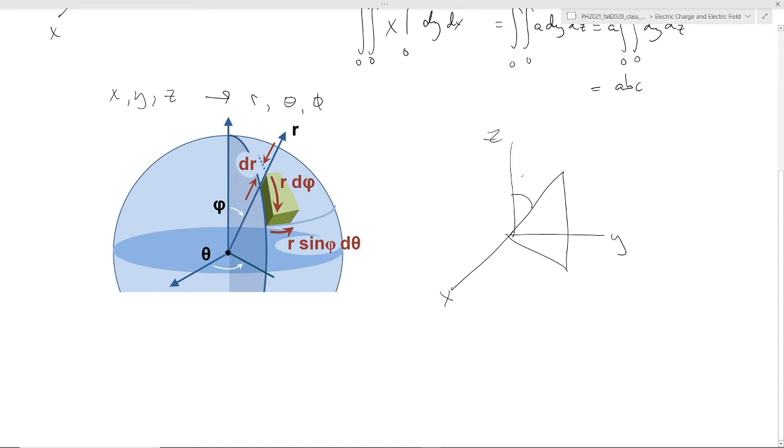So phi, theta, r, this is r. And these have unit vectors too. Often in electrostatics problems you work with things that are pointed radially, and that would be the unit vector associated with r. So r is here, pointing like this.